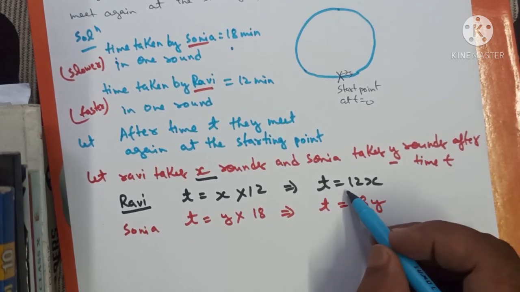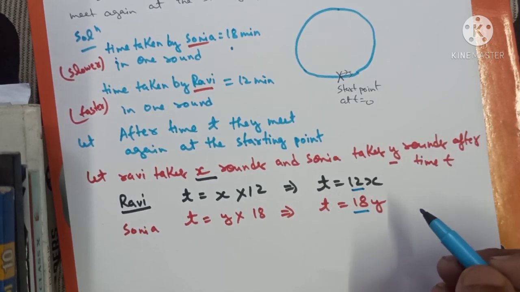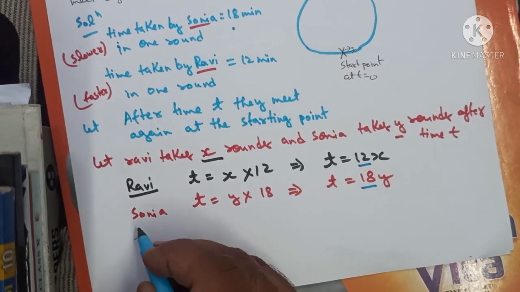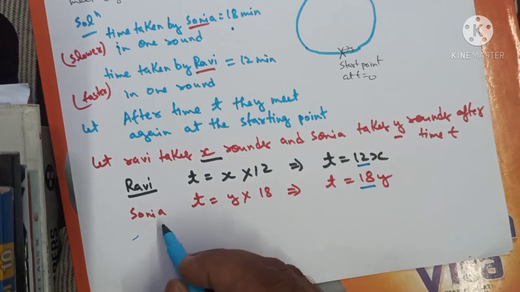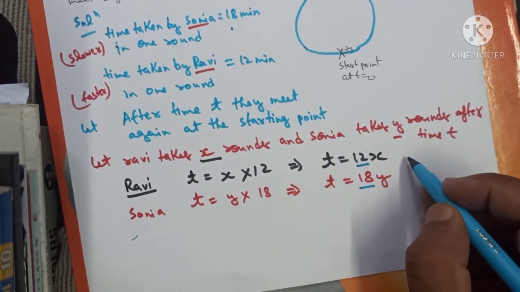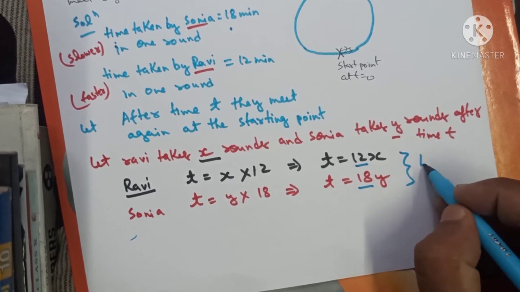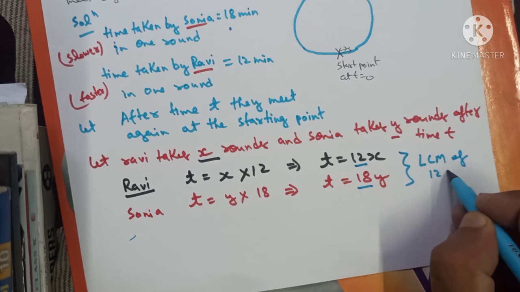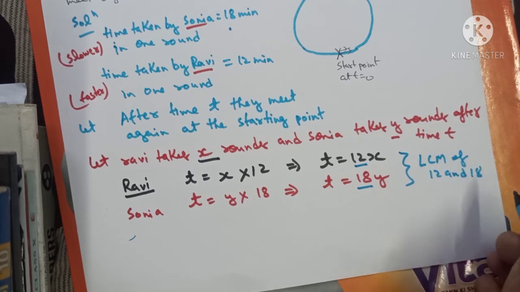So it is evident from here that this time t is a multiple of 12 as well as 18. It is a common multiple, in fact the lowest common multiple. This time t will be the lowest common multiple of 12 and 18. Okay, understood?